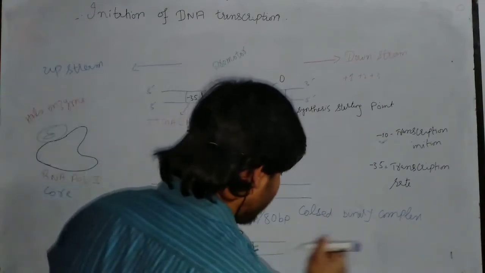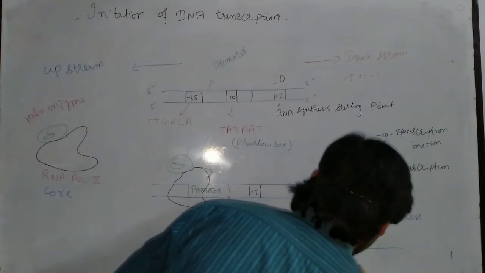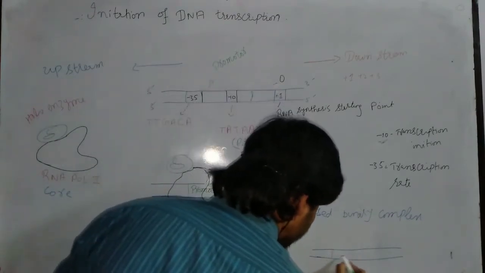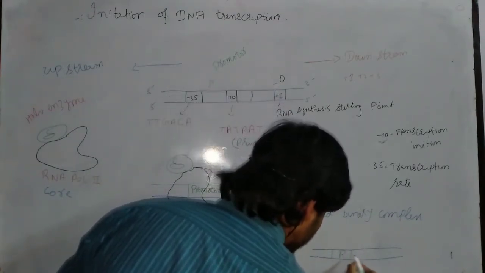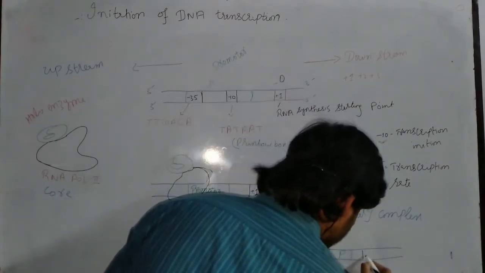So here again, let me draw the structure. This is again the DNA molecule, and let's suppose this is the promoter site, and this will be the +1 position.